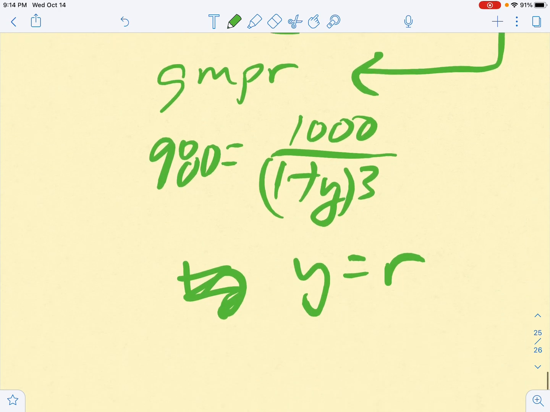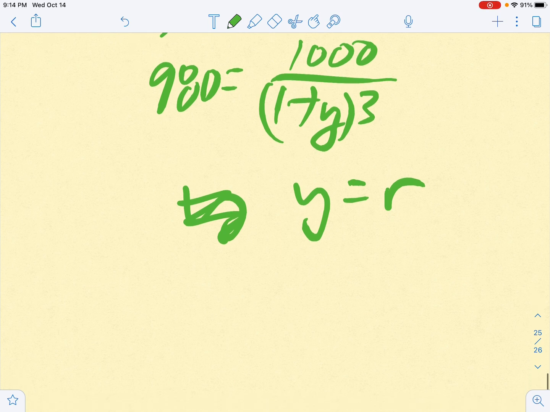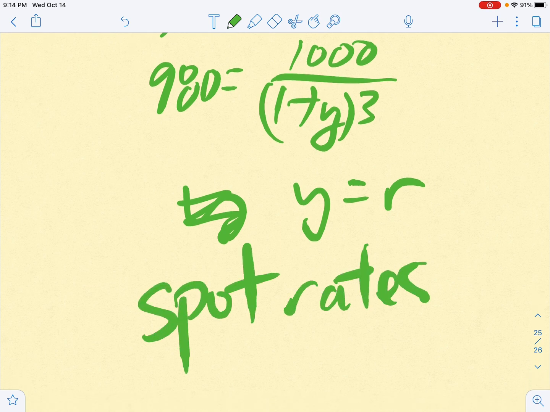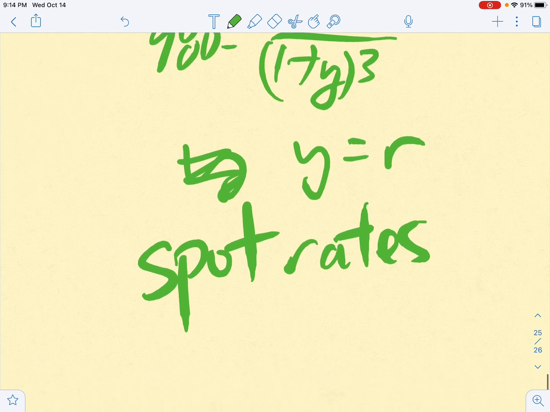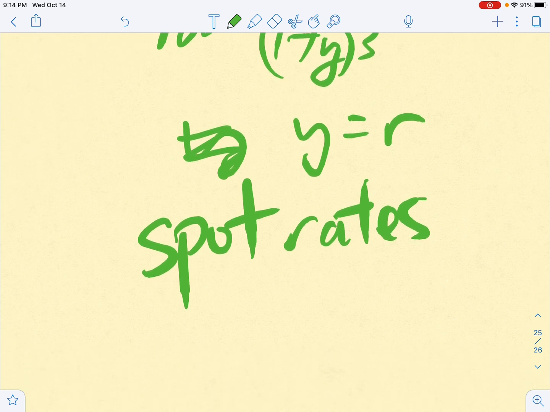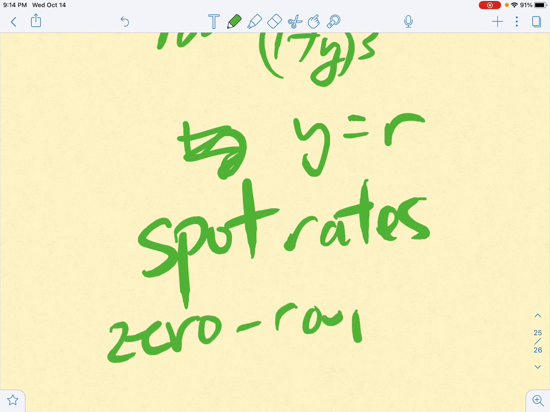And they took on the name spot rates. One thing you should know about these spot rates is very important, you'll see why in a moment.